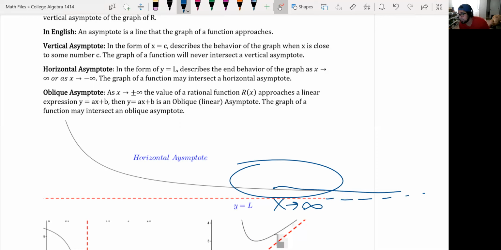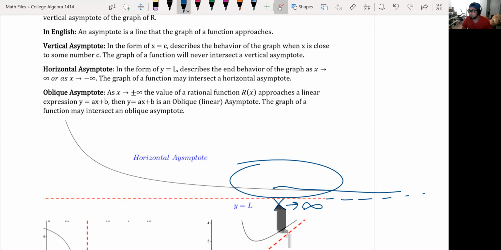Well, x can approach positive infinity or x can approach negative infinity. And if that function gets closer and closer to a horizontal line but never touches, then that line is called a horizontal asymptote. It is a line that you approach but may never touch. But the touching part depends on what type of asymptote you have.